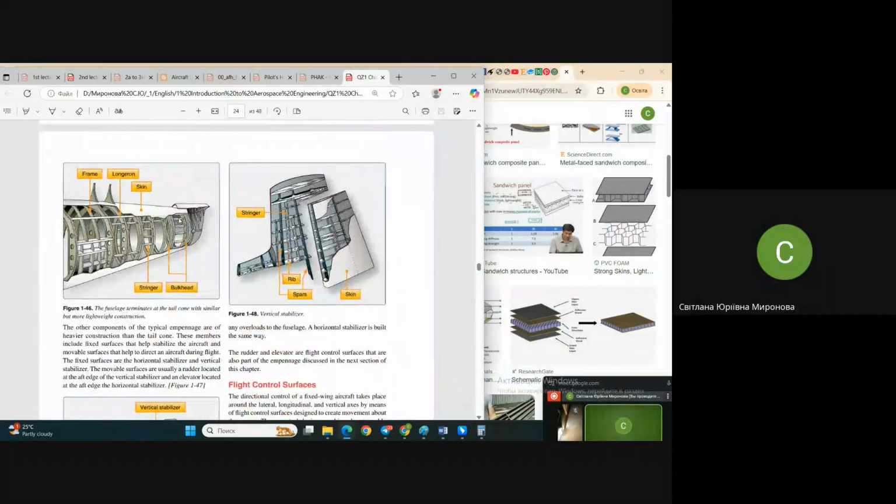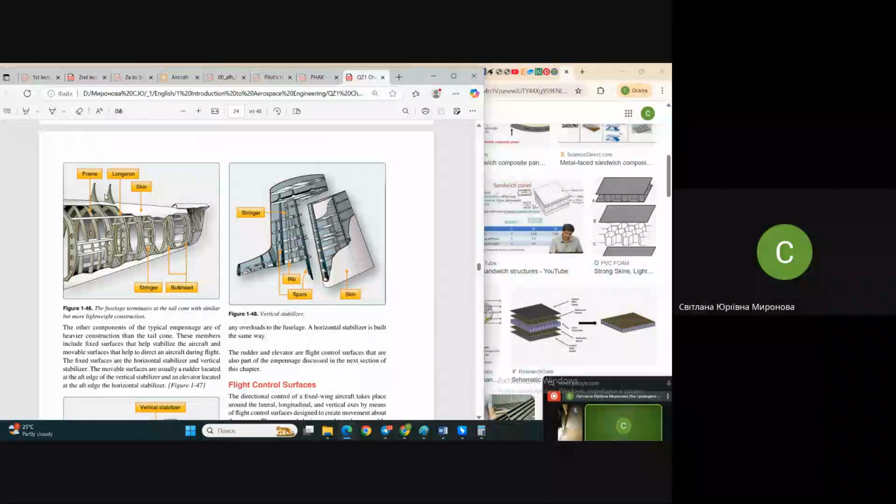And here is an example once again of the structure of the fuselage and of airfoil-like structures of the airplane: wing, fin, stabilizer, all the high-lift devices like flaps or slats, all the control surfaces.